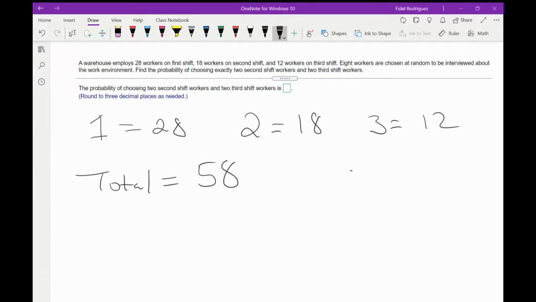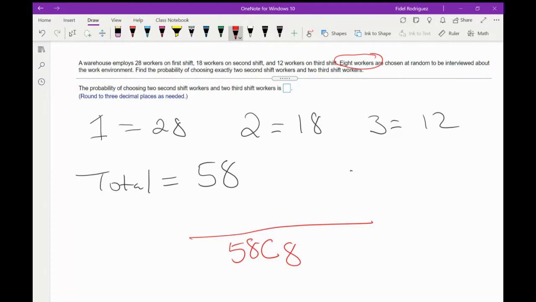We're going to choose a total of 8 of them. So my denominator is going to be 58 choose 8.